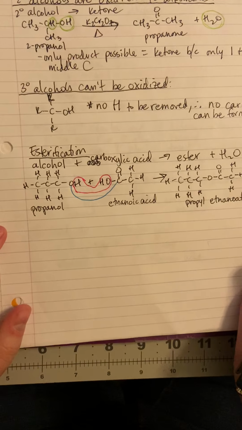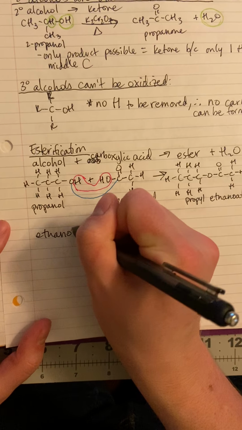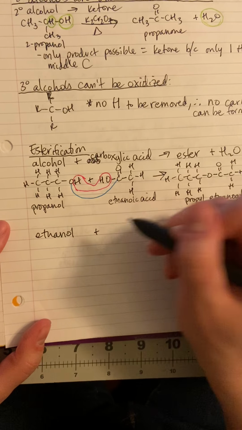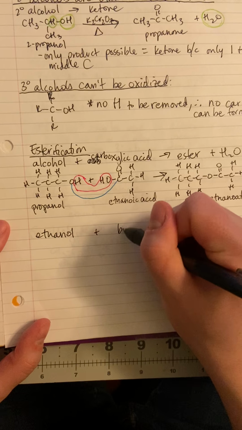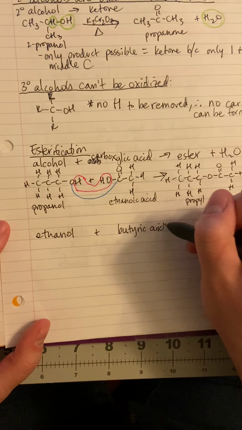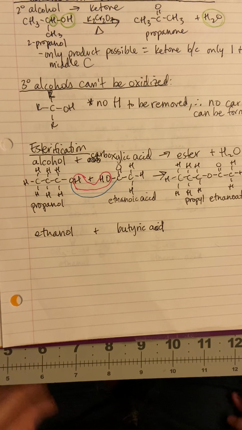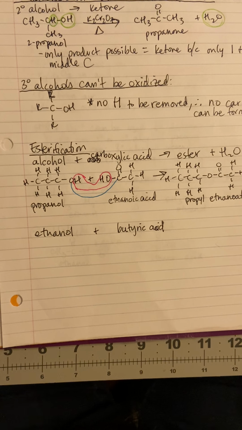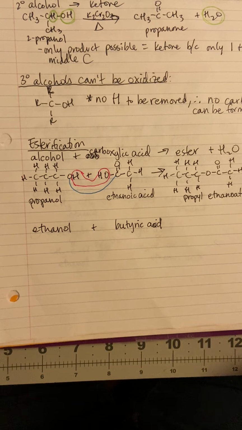Our alcohol in this case is ethanol, and our carboxylic acid is called butyric acid. And this was the carboxylic acid that smelled like rotten Parmesan cheese when we were doing it, I can't remember when that was, but at least a month ago. The thing that stunk so bad was butyric acid.